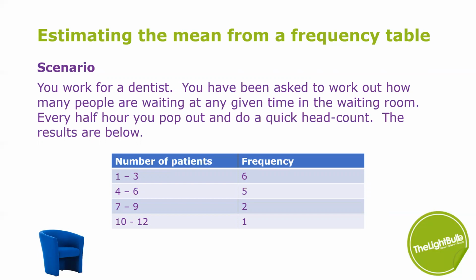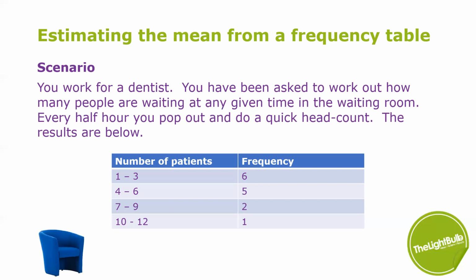Because it's constantly changing, you don't really have a specific way that you can do this. So you just decide to pop out every half an hour and do a quick head count. And the results of that head count, let's say, are below here in this table.